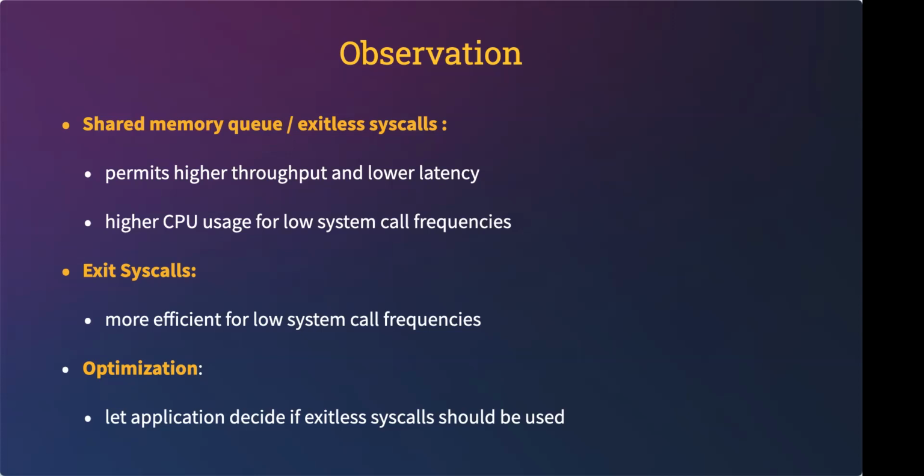If you have only low frequency there, you have a higher CPU usage, and therefore you might want to exit. You might want to use O calls for system calls.